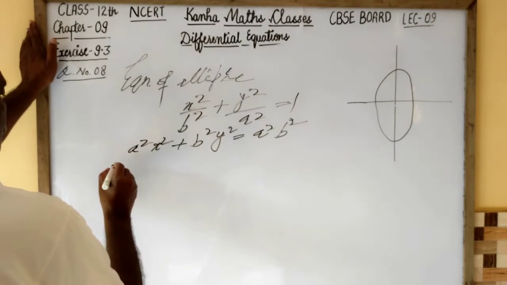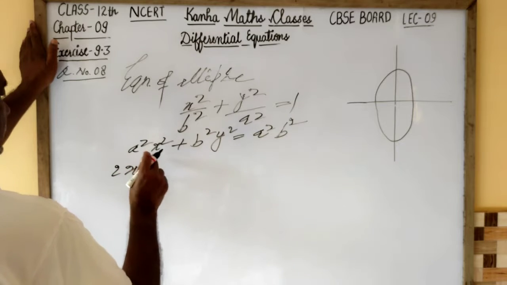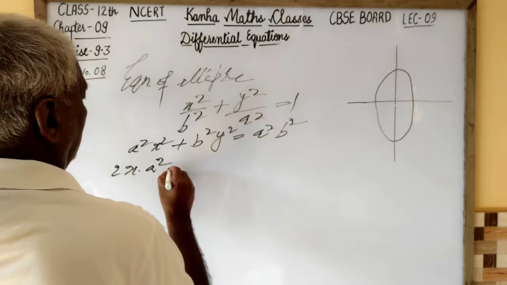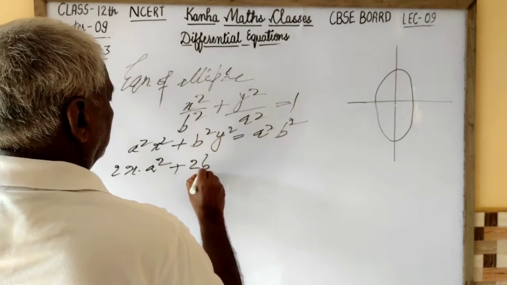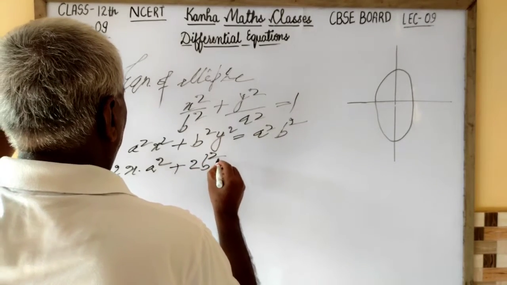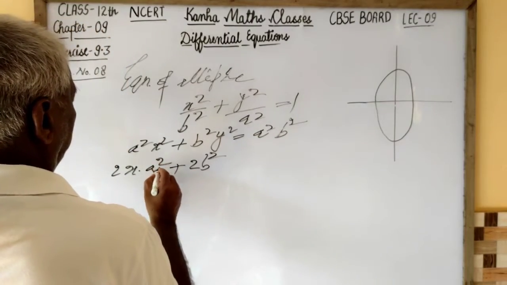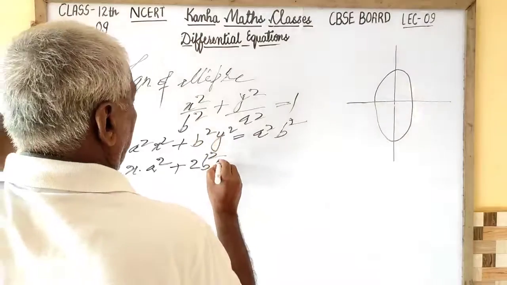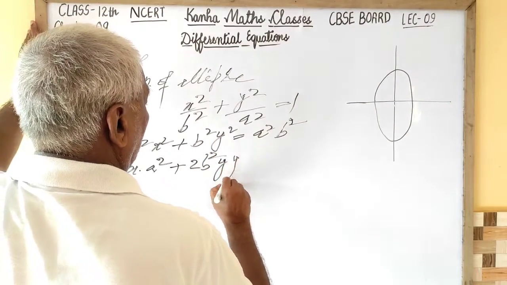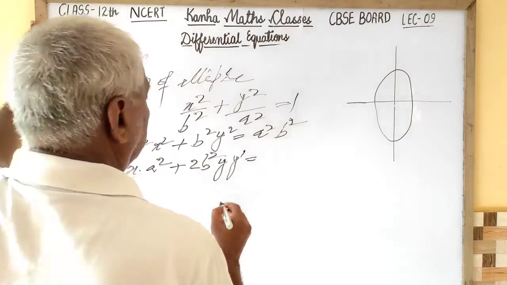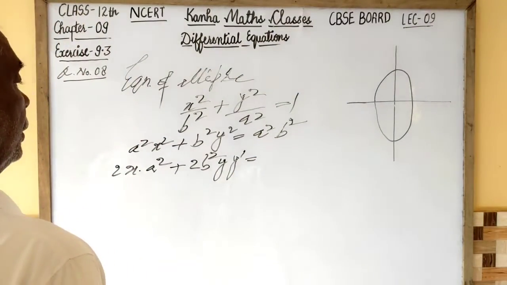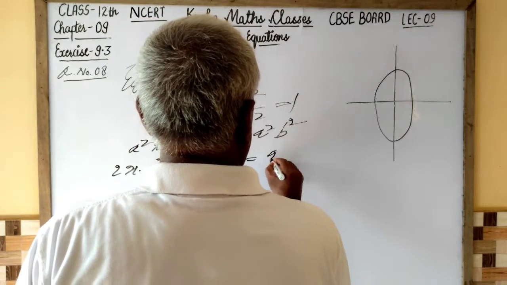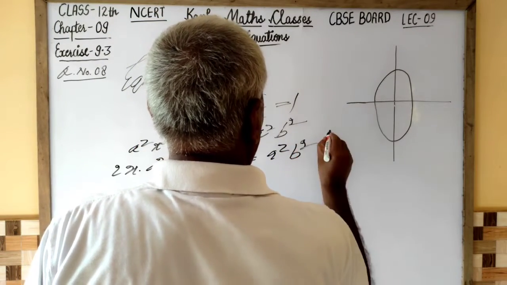this will be equal to 2x into a square plus 2b square y into y dash, and this will be equal to the derivative of a square b square.